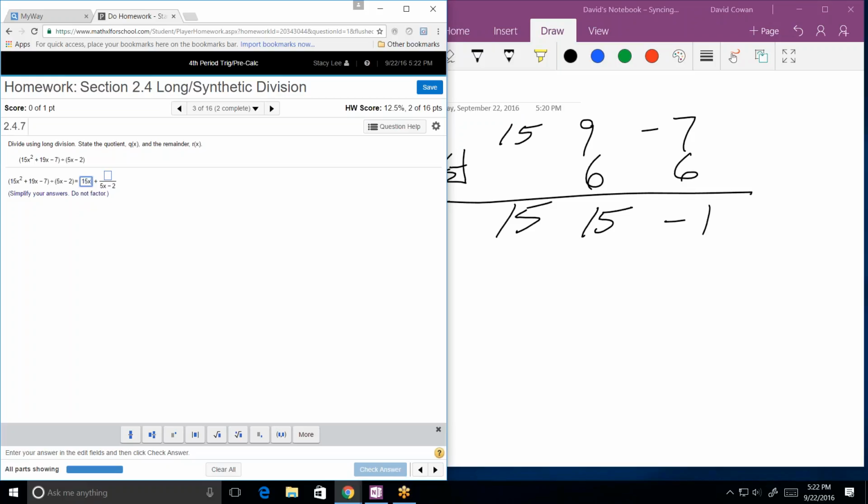Mainly that's what I was looking for, is to make sure you knew it was 15x, not 15x squared, plus 15, and then the remainder, the minus 1, goes in that remainder box. So that was the answer I just put in. I haven't clicked enter yet, but I got 15x plus 15 with a remainder of minus 1 over 5x minus 2.